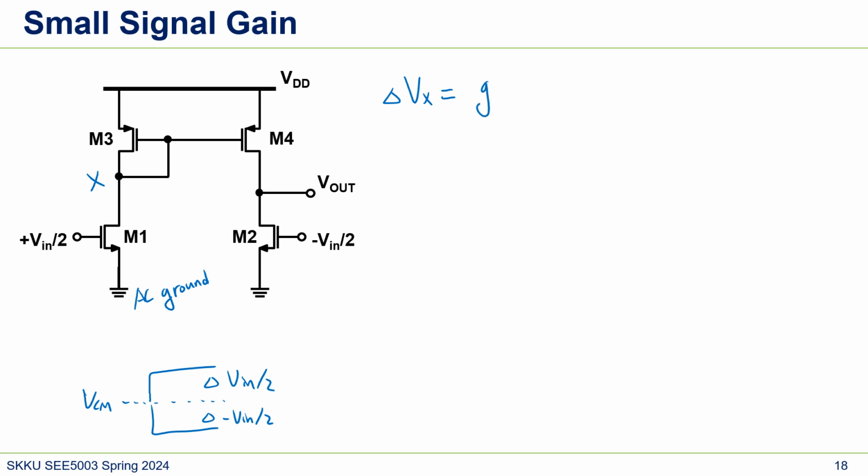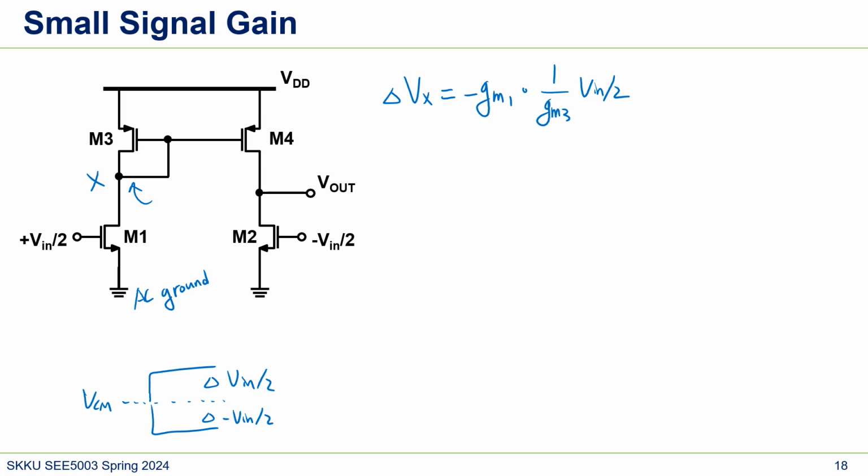So GM1, minus GM1, and what's the impedance at this node? That's 1 over GM3, right? And then our delta Vin is Vin over 2. Again, this is small signal Vin. Well, just write it down as V. And then this is small signal Vin.